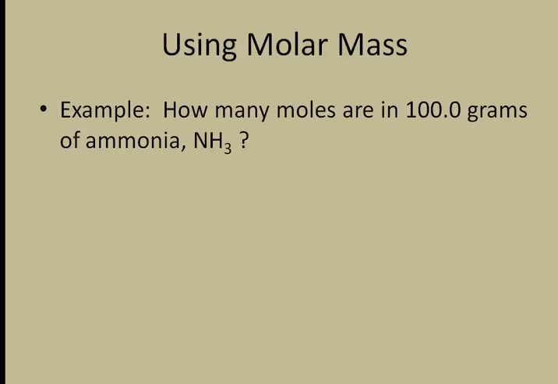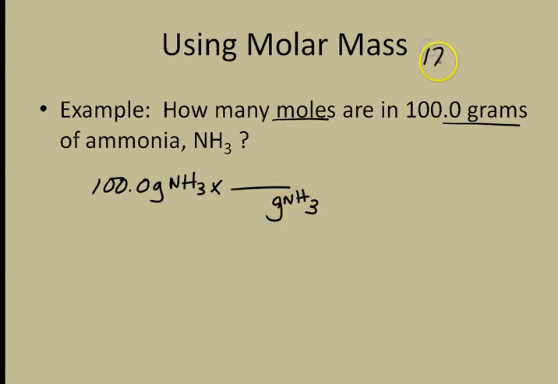Here's an example going in the reverse. So now I have gram and I want to get to mole. So I would set up 100 gram of ammonia, with gram of ammonia on the bottom. And now I'm still using that same conversion factor of 17 grams per mole from the previous problem, but I'm just reversing it.